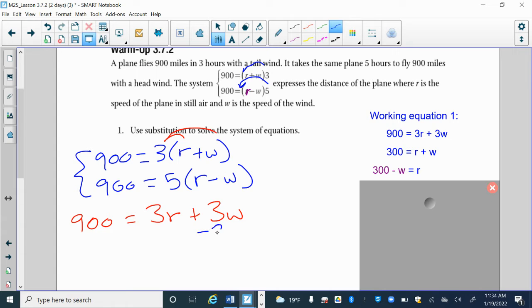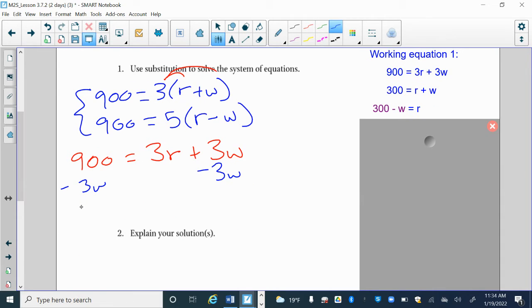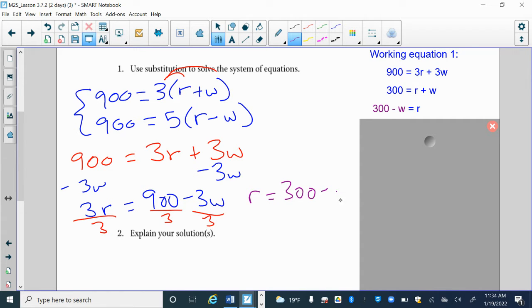So if we subtract the 3w over, then we'd have 3r equals 900 minus 3w. Divide everything by 3. So now we have r equals 300 minus w.